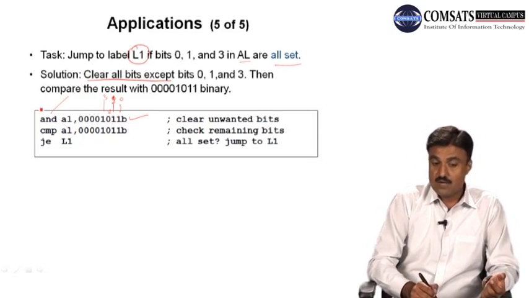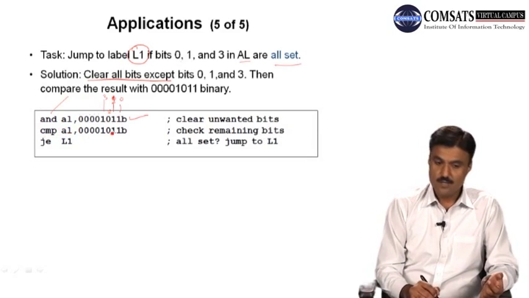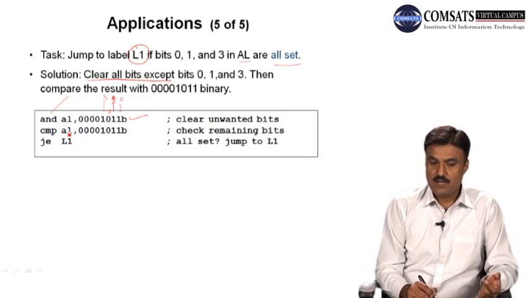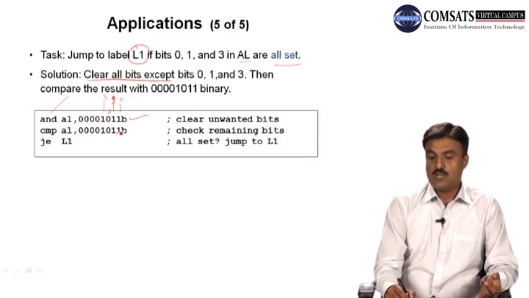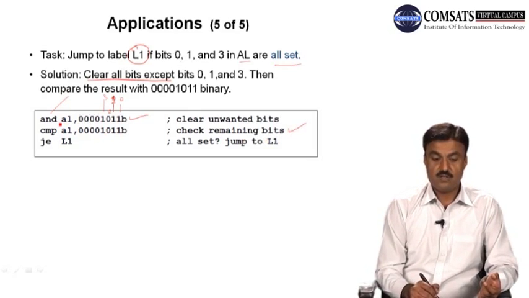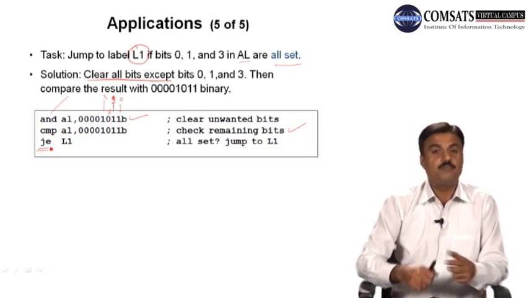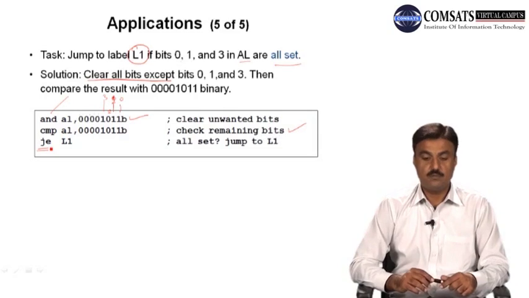Now what we are going to do here is compare AL with 0 0 0 0 1 0 1 1. Now check the remaining bits. These are the bits which we are going to check. Jump if equal.